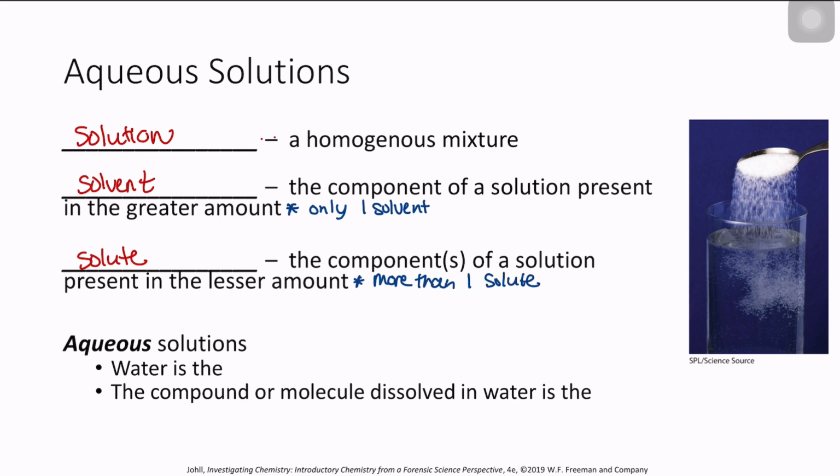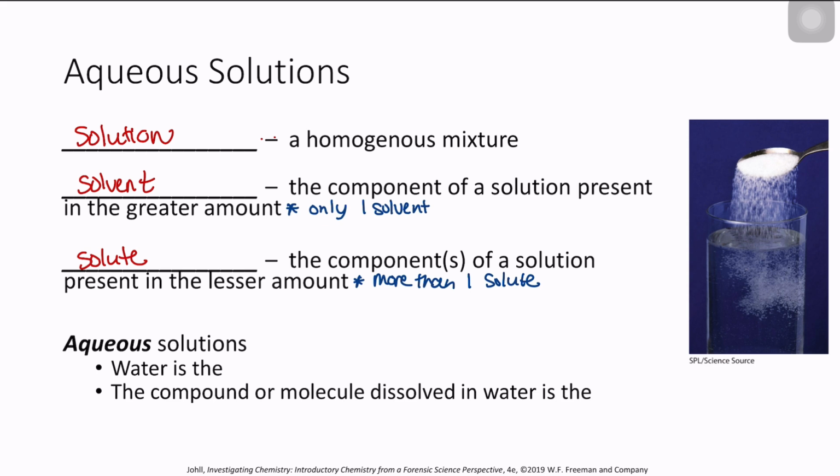And honestly, that's the case for most of the solutions that we see in our everyday life. If you're making coffee, water is generally the solvent. And then you have coffee beans, creamer, sugar, whatever else you want to put in your coffee.